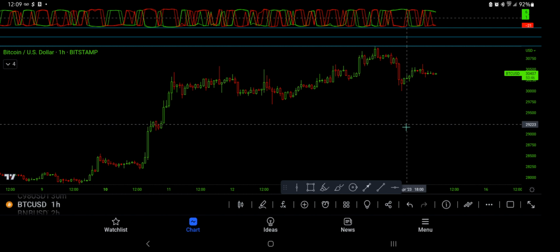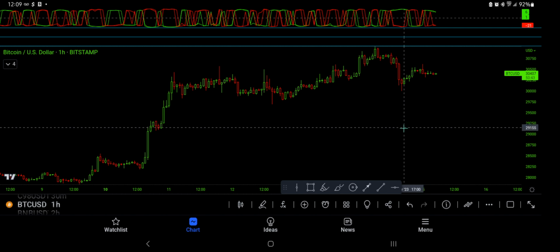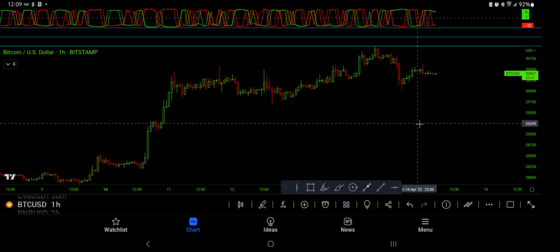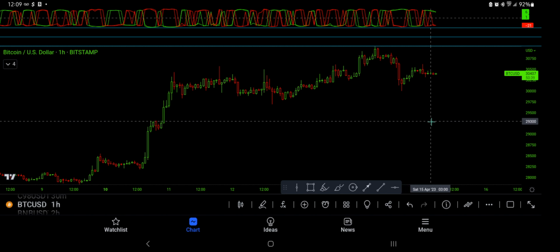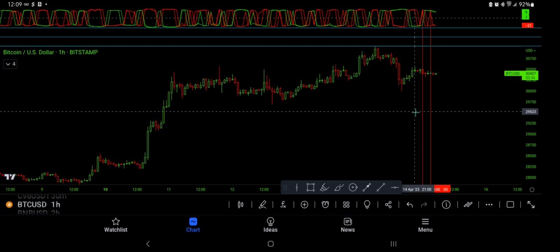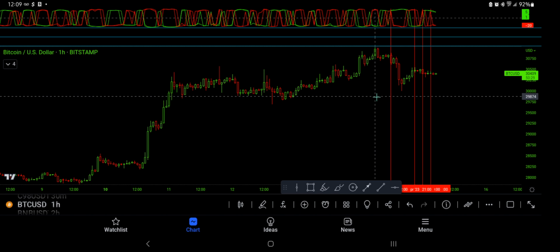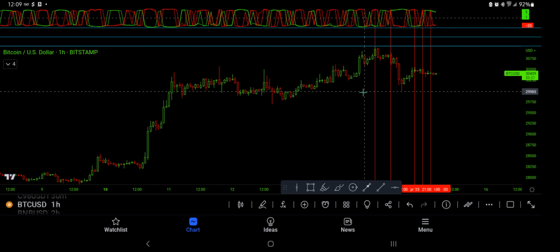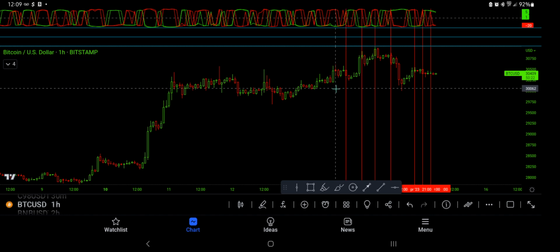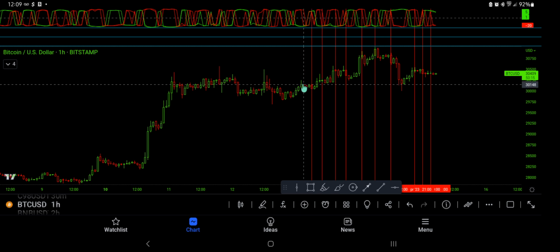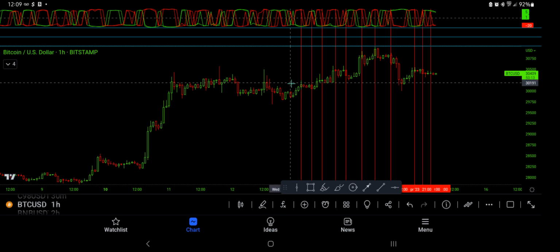So let's go ahead and mark the smaller time frames. Let's start with the bearish. So we have a bearish sell, bearish sell, sell off. I'm not going to do all of them.